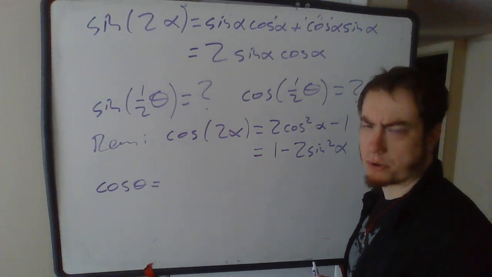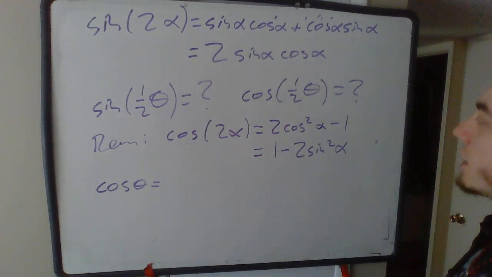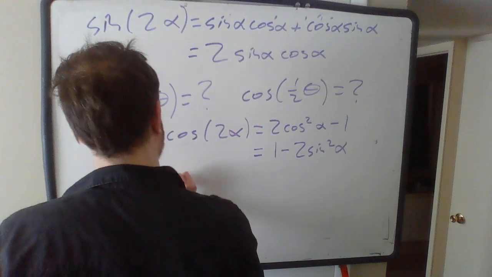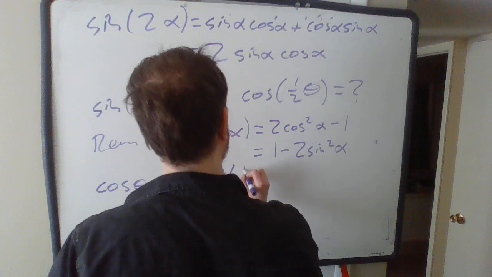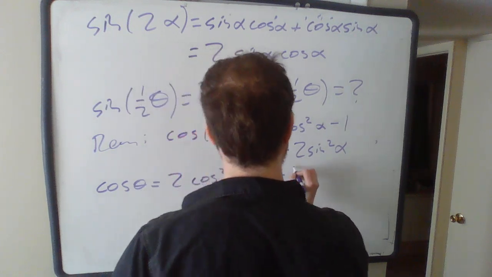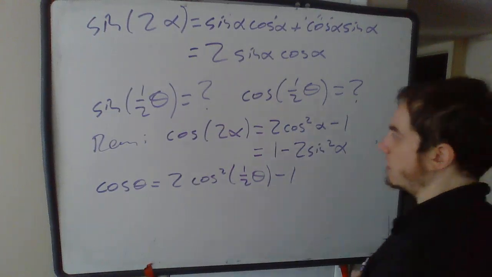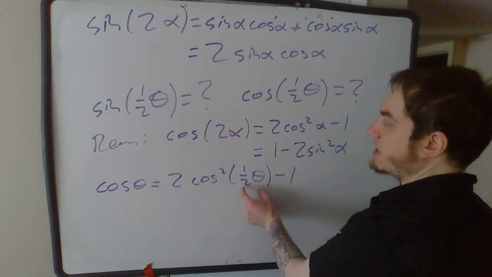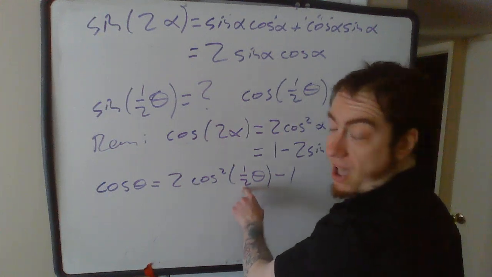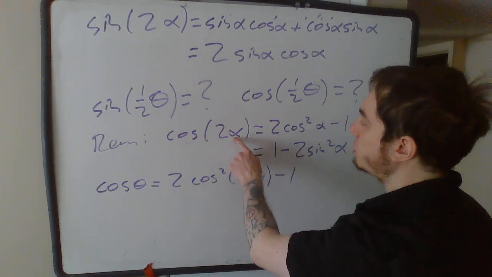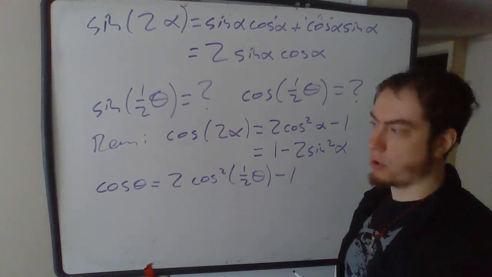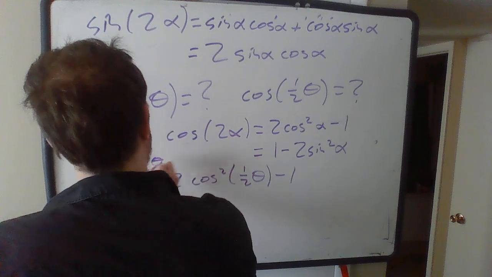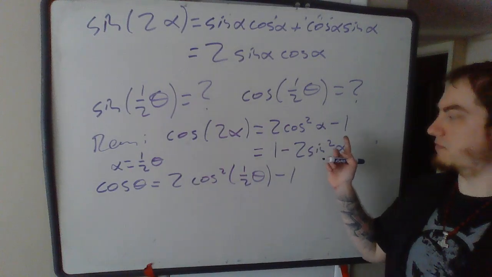I looked back at the wrong thing for a moment and got sine in my head. The cosine of theta is going to be equal to 2 cosine squared 1/2 theta minus 1. What I'm really doing here is taking alpha to be equal to 1/2 theta. If alpha were equal to 1/2 theta, then 2 alpha would just be theta itself. So we're just plugging alpha equals 1/2 theta into this formula.